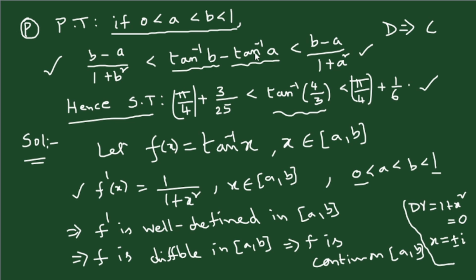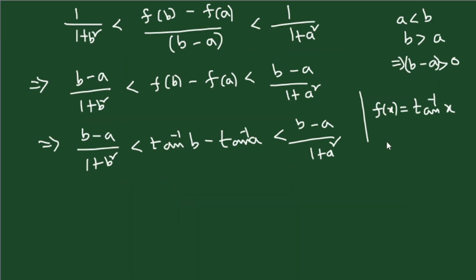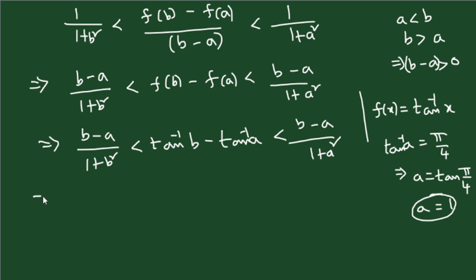So these two are always related. So you equate these two, tan inverse a equal to pi by 4. That means what happens? A equal to tan pi by 4. Tan pi by 4 is tan 45, which is 1. So you have to take a equal to 1.